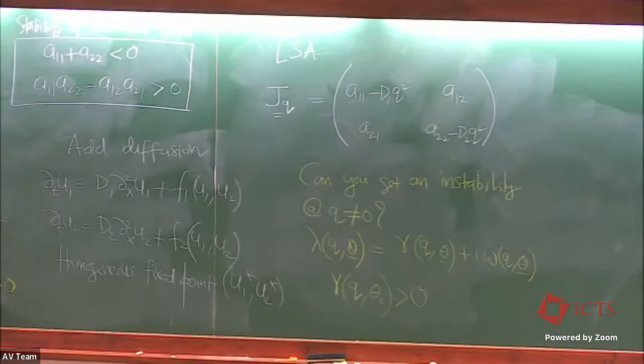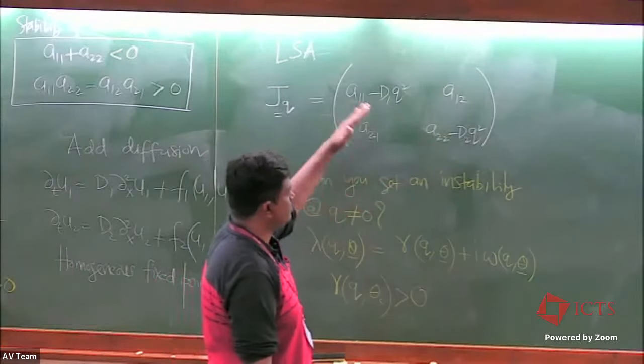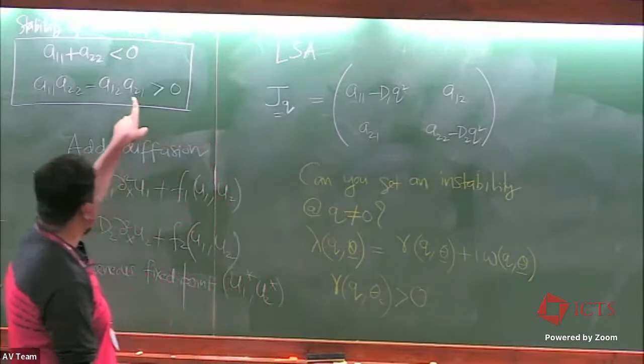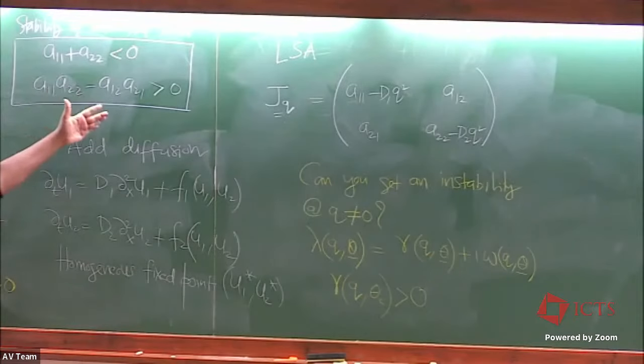And so now our job is to analyze the eigenvalues of this matrix as a function of Q. Use the fact that A11, A21, and so on are constrained by these relations in the box. Why did we get them? Because we said that in the absence of diffusion, I want this fixed point to be stable. So even in the presence of diffusion, the Q equal to 0 state, which is the homogeneous state without diffusion, is stable.